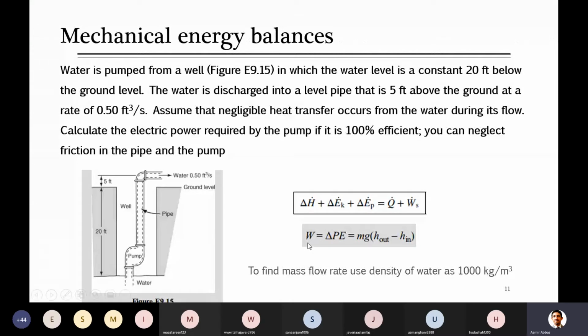So guys, this is just the simple reduced equation: work is equal to change in potential energy. And you know height out minus in, if you just take this as a reference point 0, then above this there will be a height out of 25, and the flow rate is given. Flow rate is the volumetric flow rate.